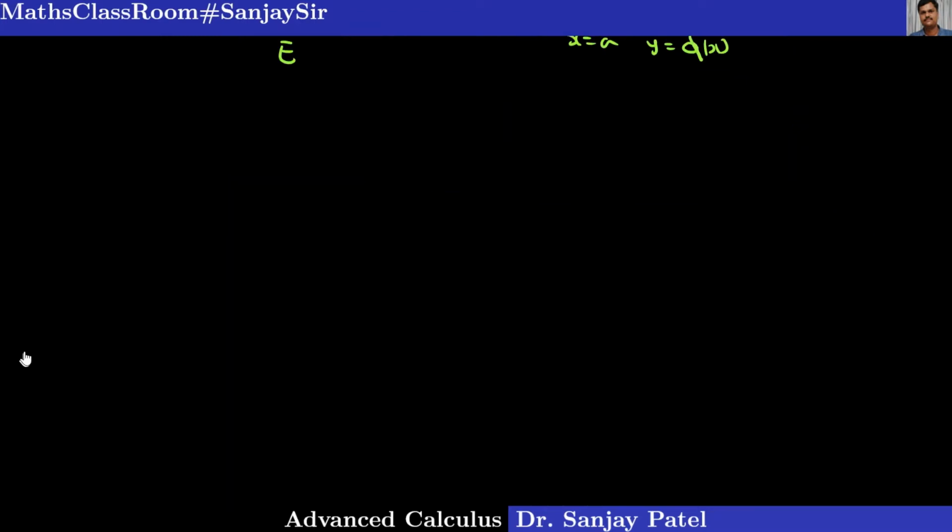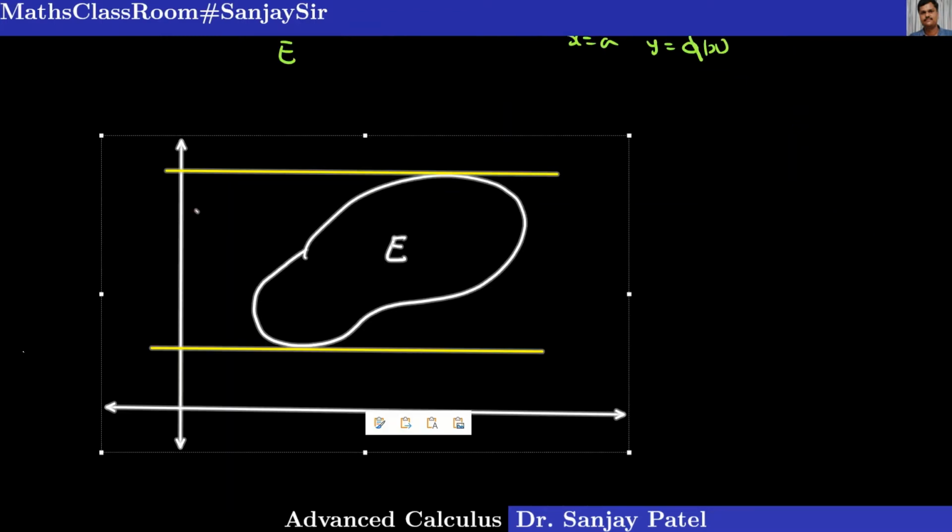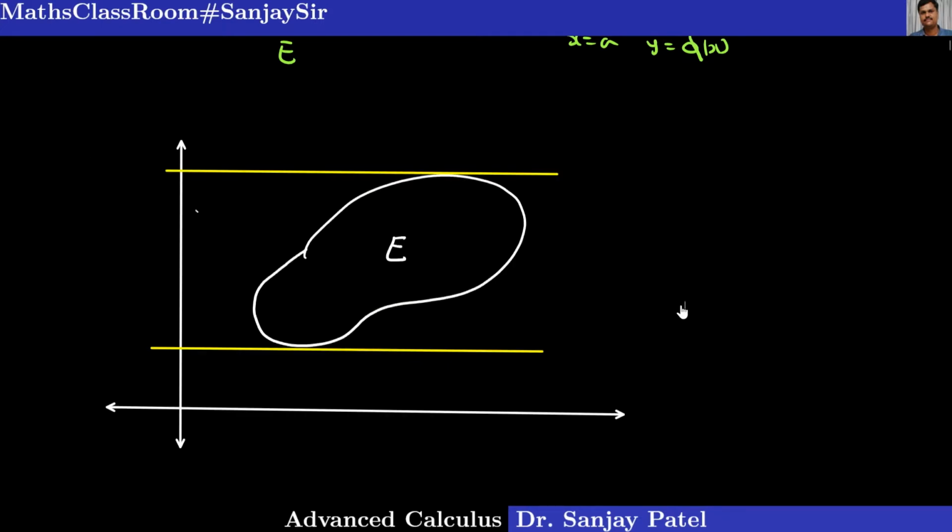If the region is bounded between the four curves in this way, say the four curves are y equal to c and y equal to d, these two horizontal lines, and two curves. To specify more clearly, take two extra points, point P and point Q, where the two lines are touching.